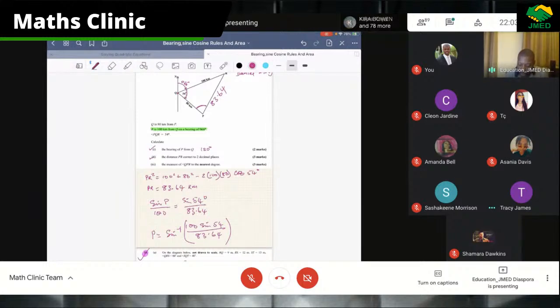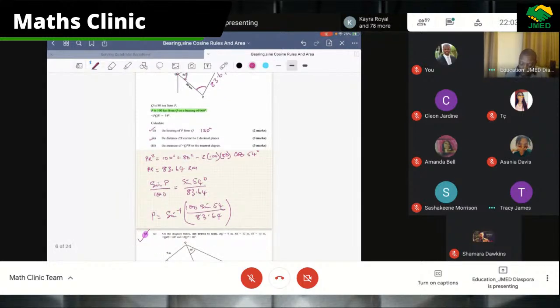What did we get as our angle? 75. But it says to the nearest degree, so it's 75 degrees. Okay, so angle P is equal to 75 degrees.